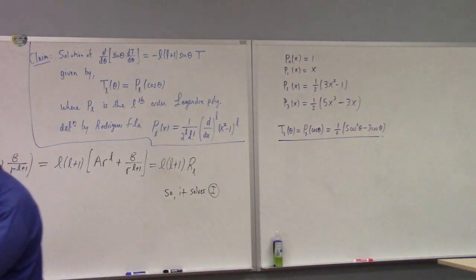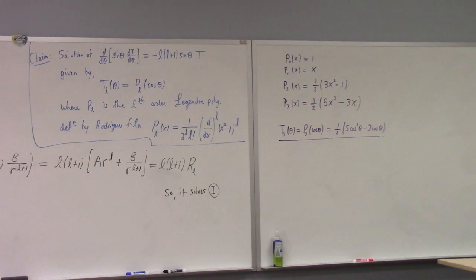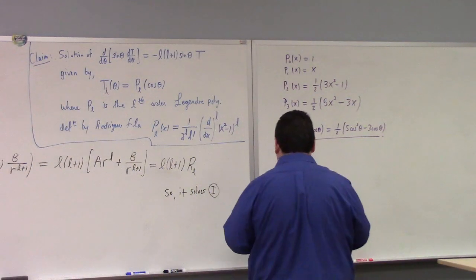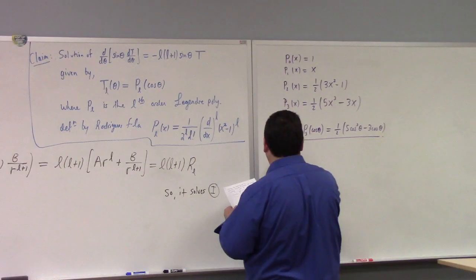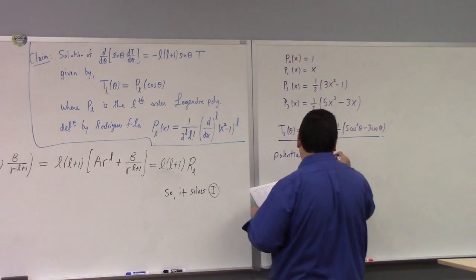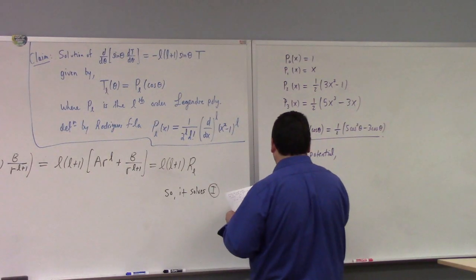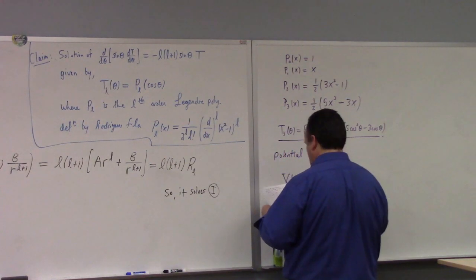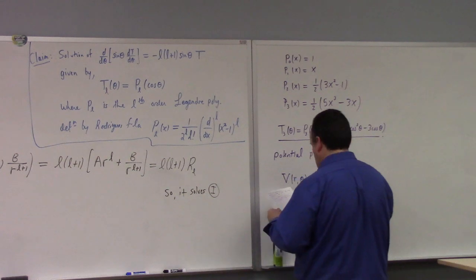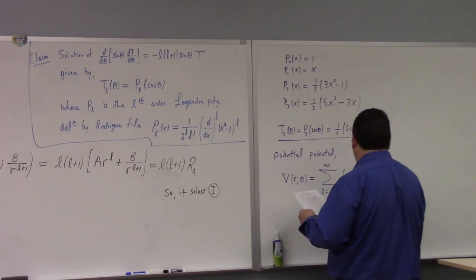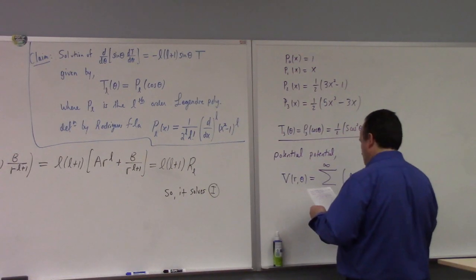Now it turns out that there are other solutions, by the way, to the angular equation, but those will blow up at angle pi or something. So the potential, and we'll end here today with this, has the following form: V of r, theta is equal to the sum L equals 0 to infinity of parentheses a sub L r to the L plus b sub L divided by r to the L plus 1.